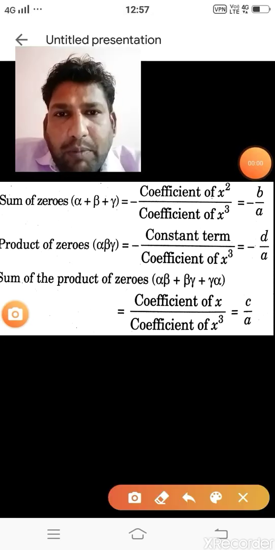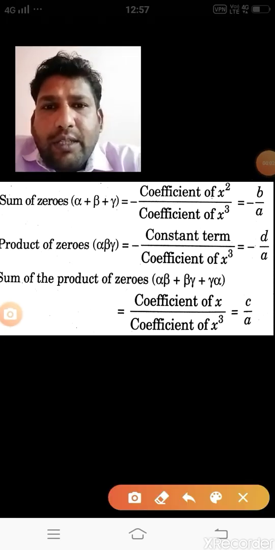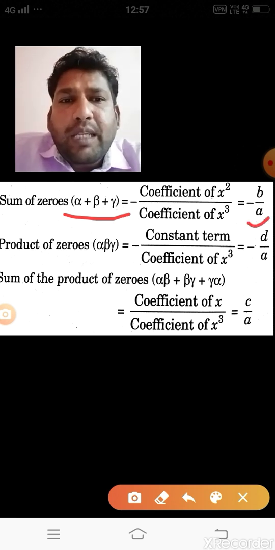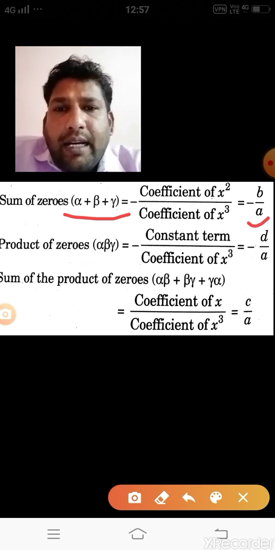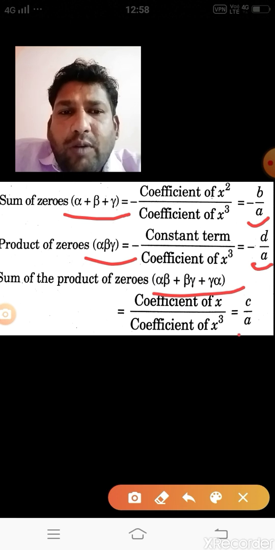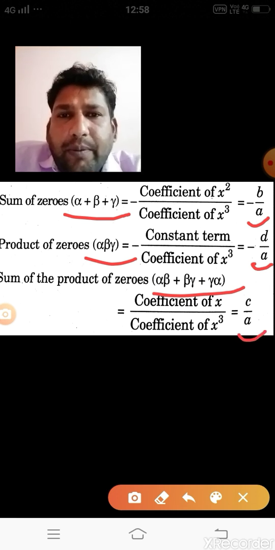For a cubic polynomial, I think now it is clear. If the zeros are alpha, beta and gamma, then the sum of zeros is equal to minus b upon a, the product of zeros is equal to minus d upon a, and the sum of the products of zeros taken two at a time is equal to c upon a.